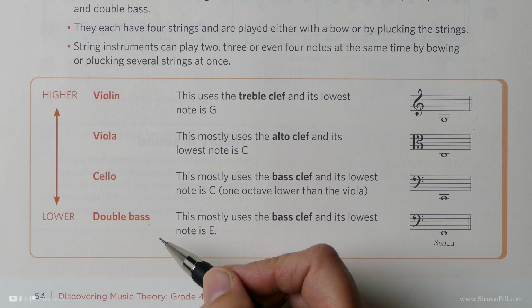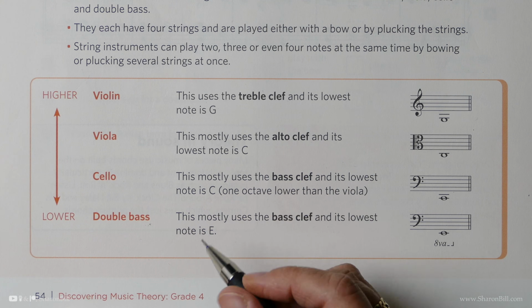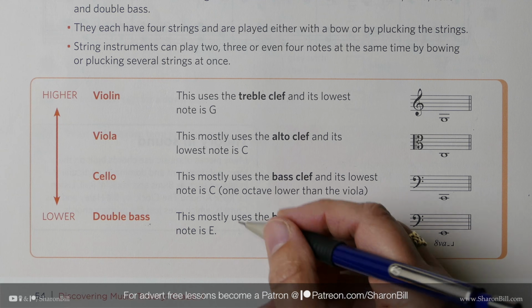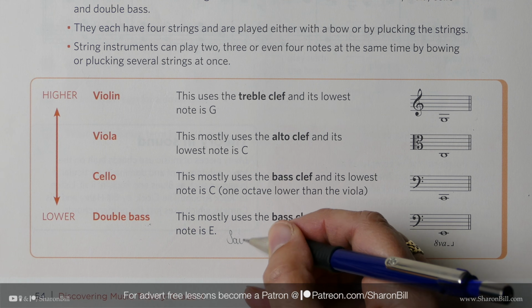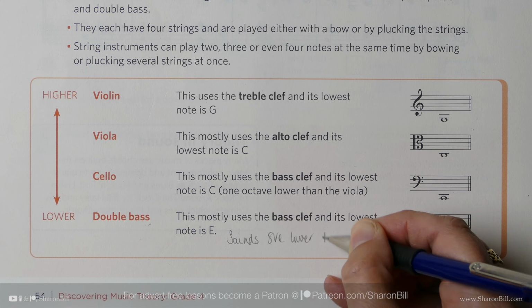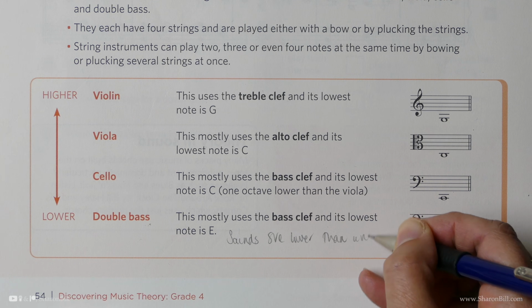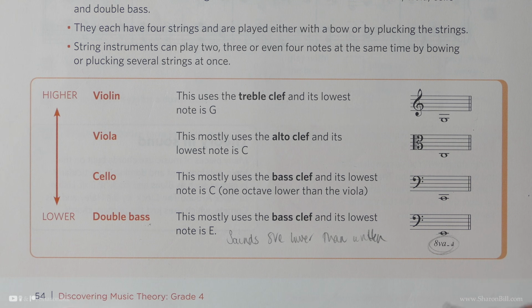Yeah, there was no room sitting next to him that time. And interestingly, the double bass transposes, so it actually sounds an octave lower than it's written. So it might read that, but it actually sounds an octave lower.